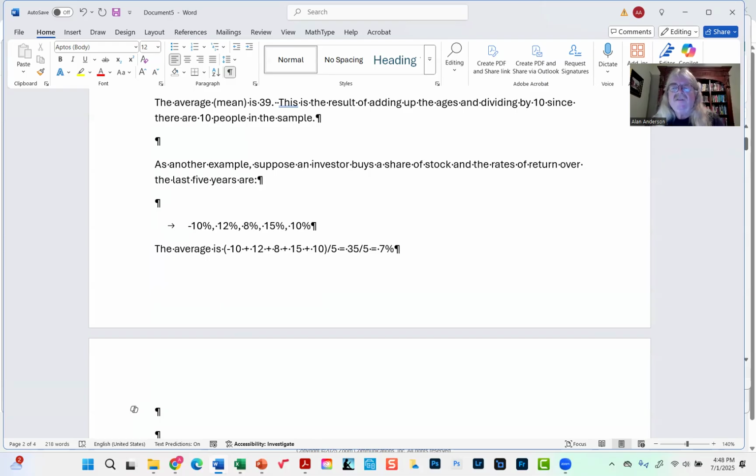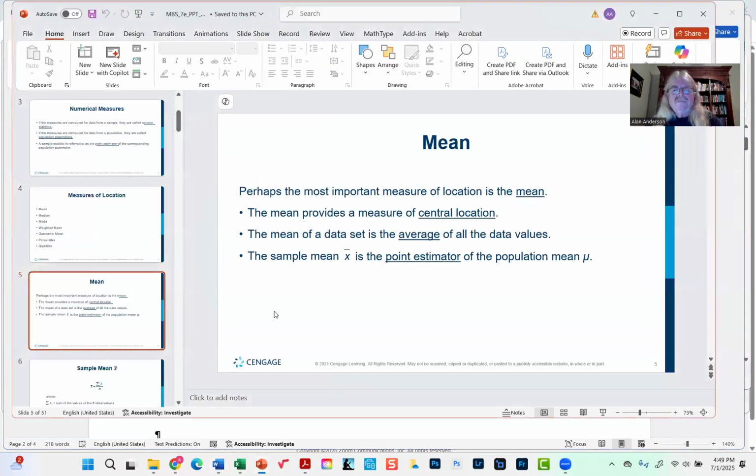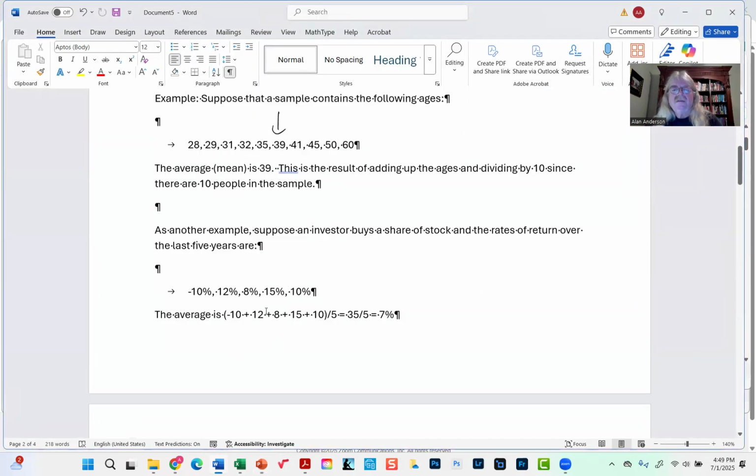And so you can see how awfully important this is. That way I can say, well, listen, there's this other stock out there that on average brought in 8%. Maybe I should have bought that one, or maybe I should buy it now. Maybe I should sell this stock. But I understand, on average, how much the value of the stock goes up. So we think of this as a measure of central location.